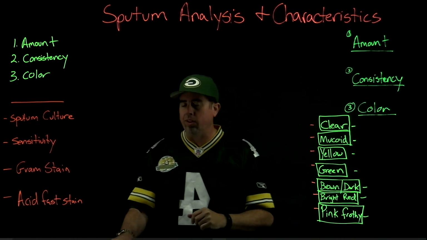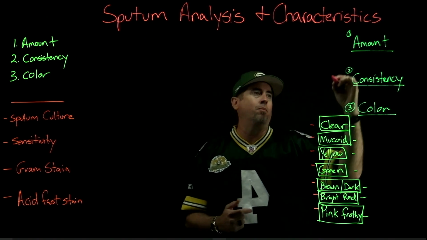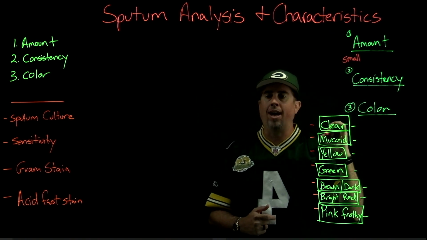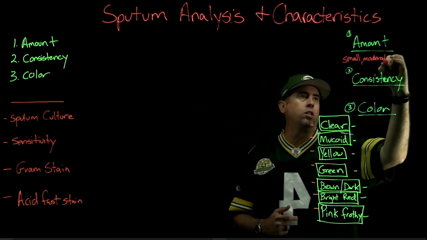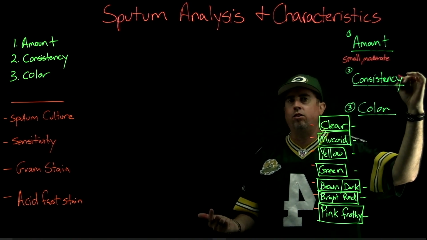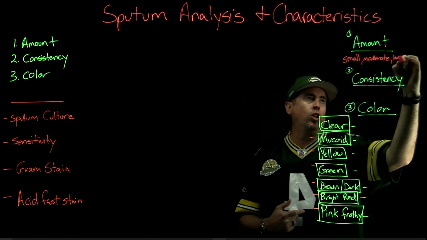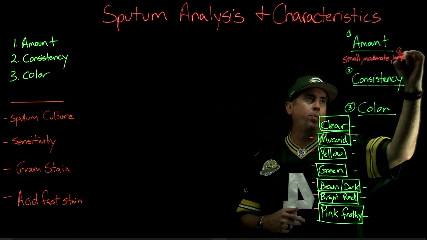We're going to start with amount right up at the top. When we talk about amount, we're using descriptive language like small, moderate, and then obviously large. Another word that you'll see is copious.